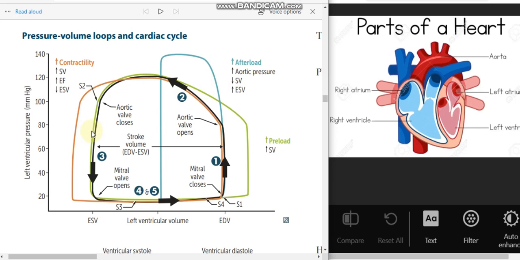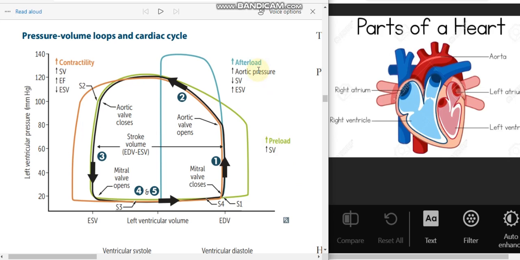You can see the green graph, the volume is increasing. The normal volume was here, now it is going to increase till here, because this is occurring due to the preload increase.